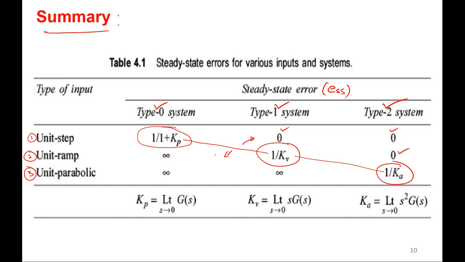Below this diagonal, fill up infinity, infinity, infinity, infinity. I hope you can easily remember now, right? Along the diagonal, you write down the finite values of the steady state errors, what you got, right? Then above the diagonal, you will get 0, and below the diagonal, you will get infinity. And you know what is Kp, and what is Kv, what is Ka. This you have to remember, right? Okay.